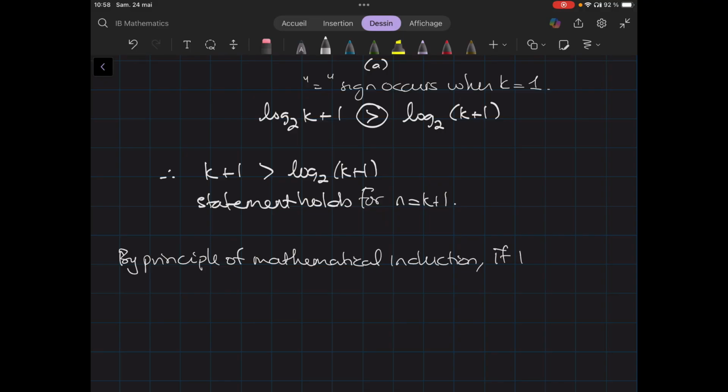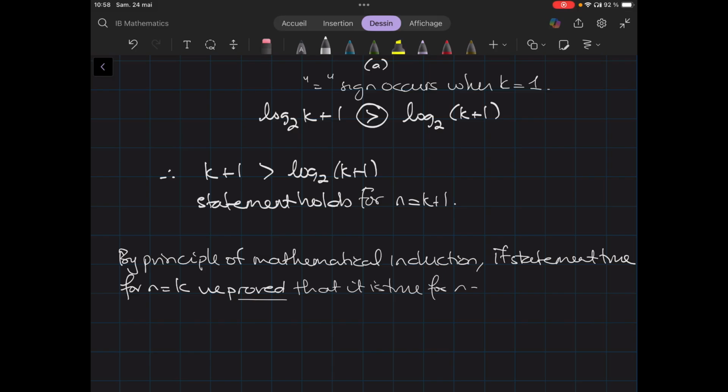if the statement is true for n equals k, we proved that it is true for n equals k plus 1.